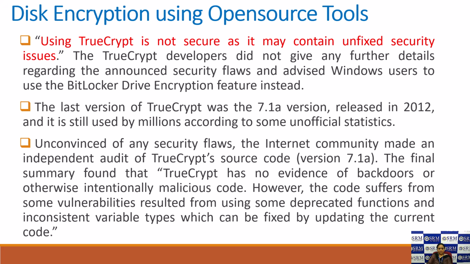And the final summary found that TrueCrypt has no evidence of backdoors or otherwise intentionally malicious code. However, the code suffers from some vulnerabilities resulting from using some deprecated functions and inconsistent variable types. Because of that, TrueCrypt was dropped out.